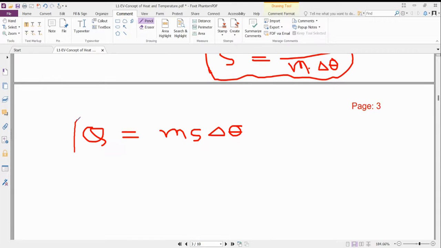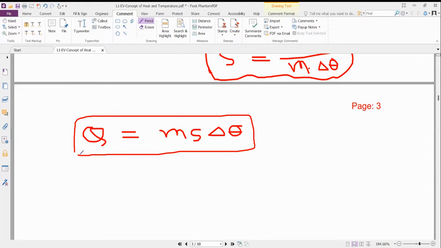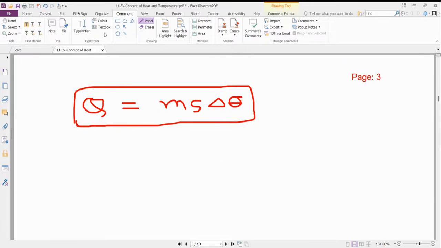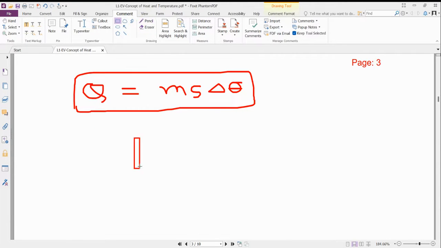So this formula is used to calculate the amount of heat transferred from one body to another body. Normally, we don't need to determine the internal heat energy of a body.